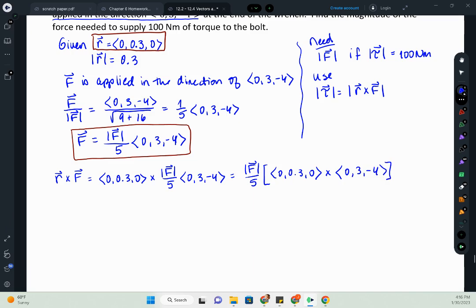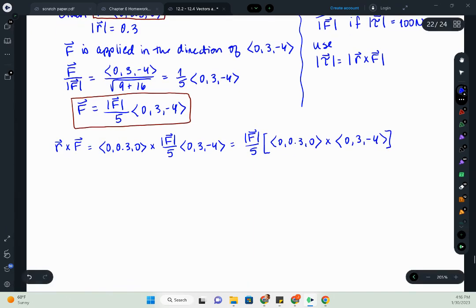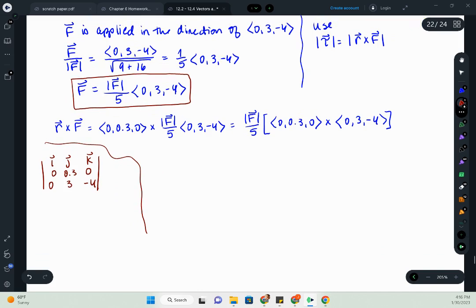So then I need to figure out what this cross product is. In order to do that, I've got to set up a cross product. Off to the side here, I've got i hat, j hat, k hat, then 0, 0.3, 0, and 0, 3, negative 4. A whole lot of things are going to go to 0.